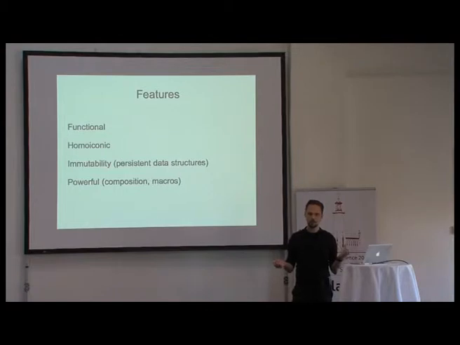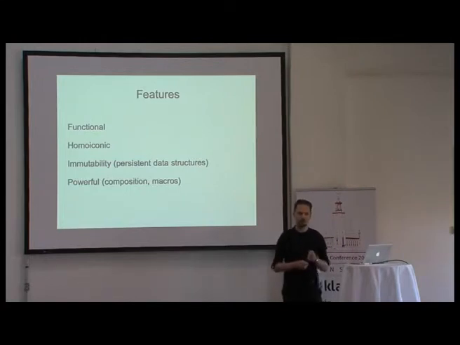It also focuses on immutability, given that it's a functional language, that's sort of expected. It has very efficient, persistent data structures so that you can add things to maps without incurring the debt of copying everything and so on.